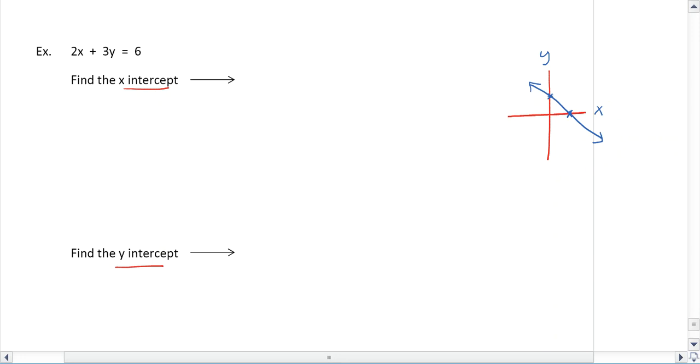Right where the line crosses the x-axis, right at that point, we're not going up and down at all, so y is 0. Likewise, right here, where it crosses the y-axis, that's where x is 0. So we use this fact to write down the strategy here, how to find each intercept.